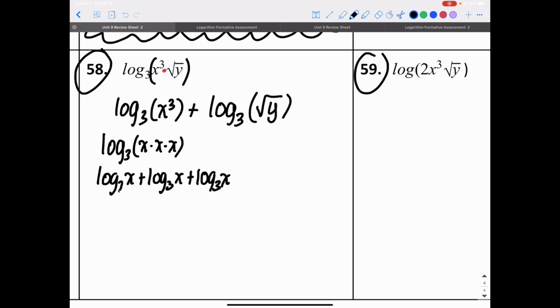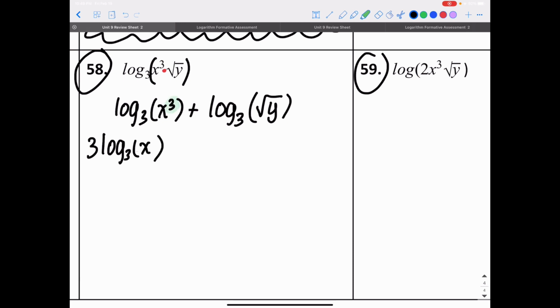If I combine that, that's 3 log base 3 of x's. So if you can't remember the property, you can think about it that way. You need single factors by themselves inside of the logarithm. So I have 3 log base 3 of x. I moved this exponent to be the coefficient instead.